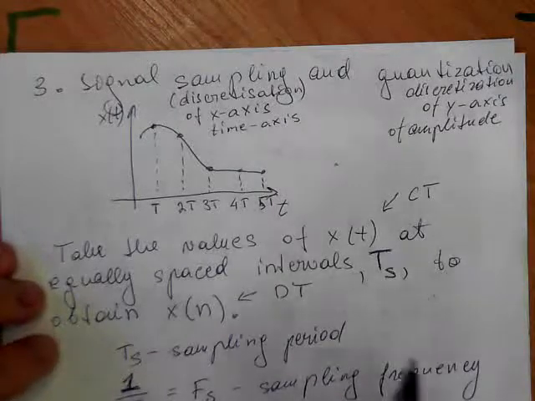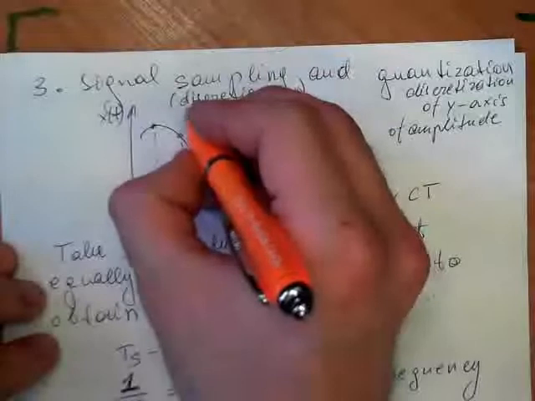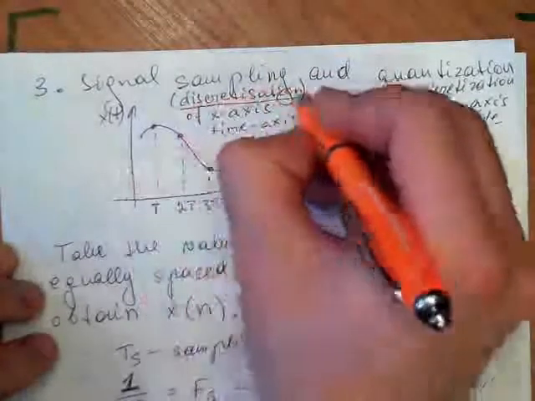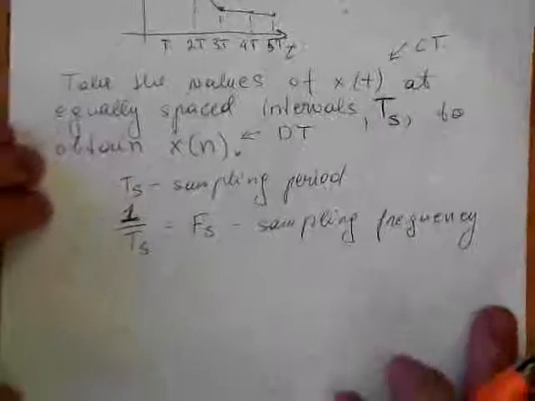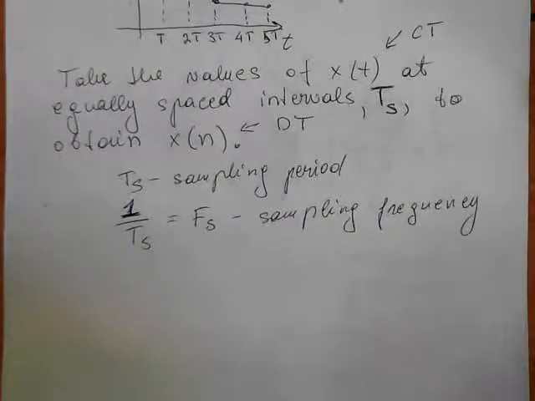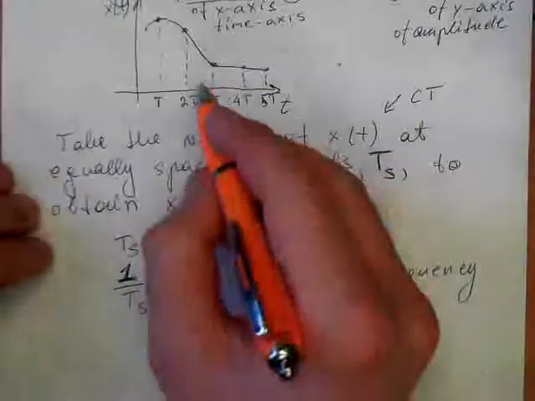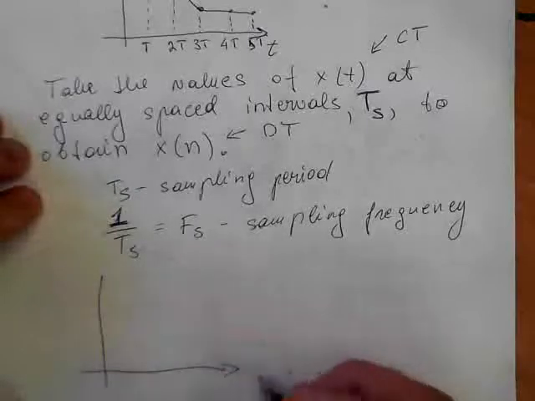Basically, if we say one word, discretization, we refer to sampling, to discretization of the x-axis. So quantization is discretization of the y-axis.